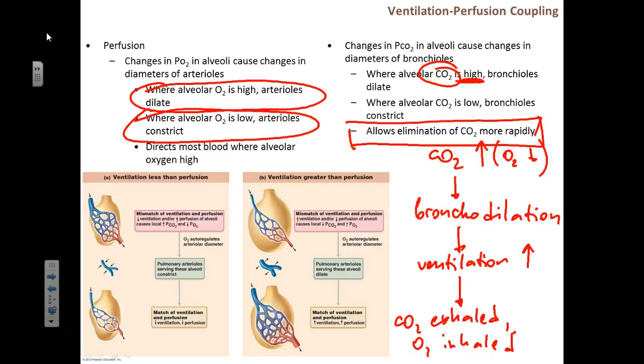They always dilate and constrict, because gas concentrations fluctuate, okay? Gas pressures fluctuate. So it's a constant process. Any questions on the ventilation-perfusion coupling?